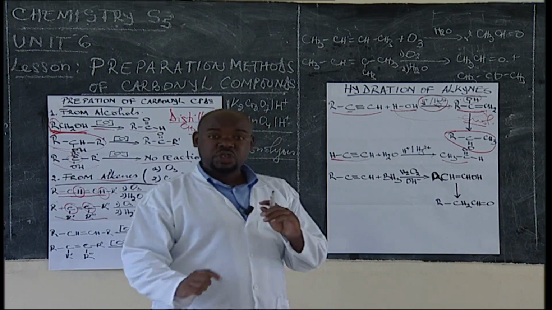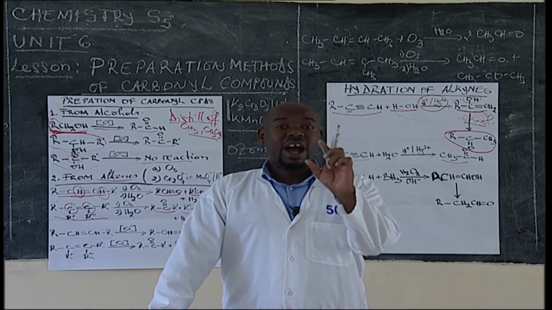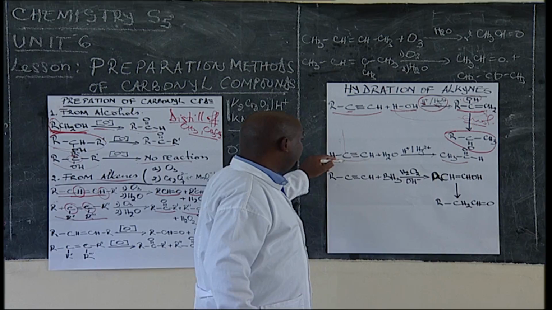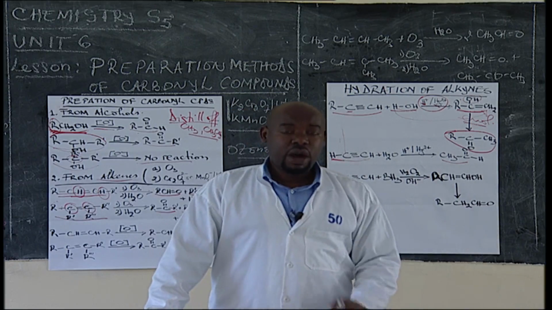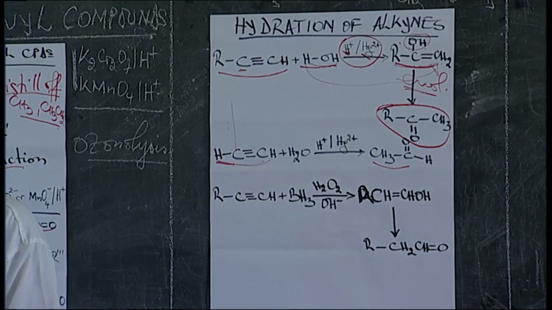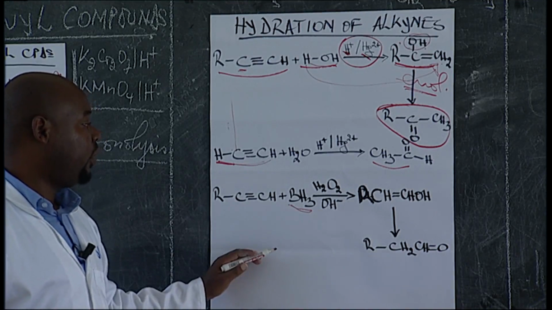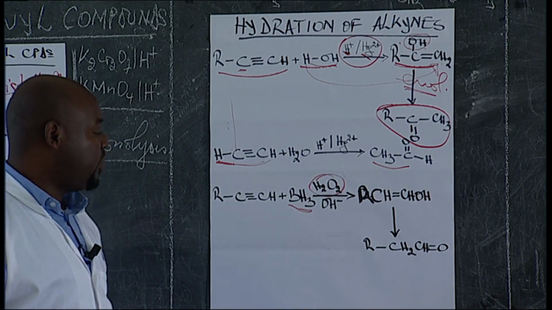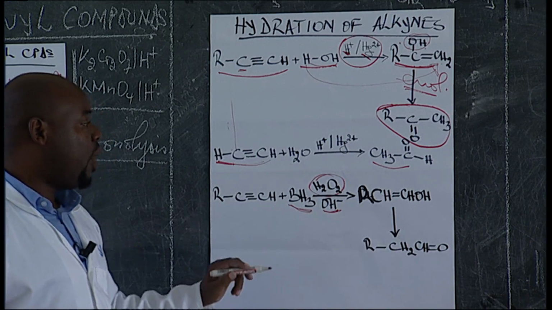There is also a possibility of carrying out an anti-Markovnikov addition. So what we are doing here is the Markovnikov addition. But do you remember in alkenes what we call hydration via hydroboration? Yes. We use boron hydride, this one, and in the presence of hydrogen peroxide, and in basic medium, what do we produce?